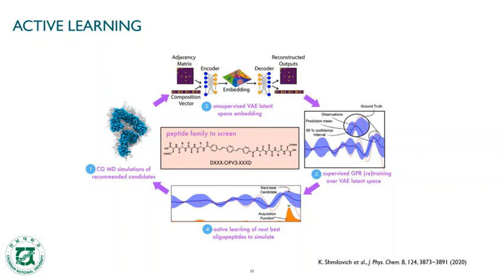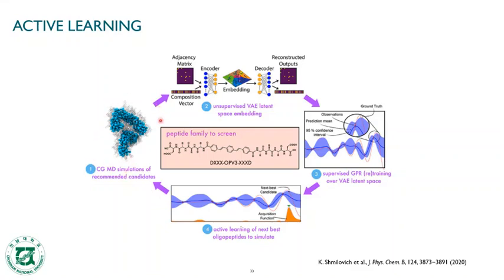The sampling in this latent space is mapped using classical machine learning, Gaussian process regression, to measure the fitness function, which means how close the self-assembled structure is to our targeted structure. Then, based on this, using an acquisition function, they suggest a new set of peptides.